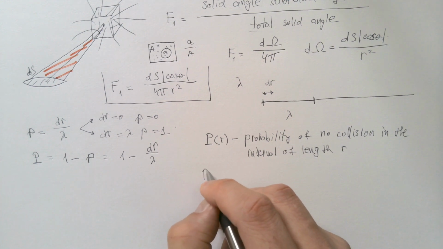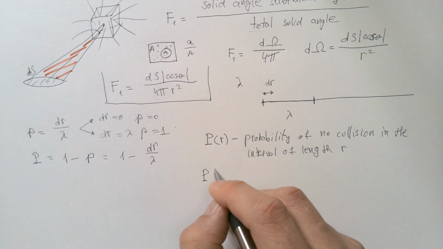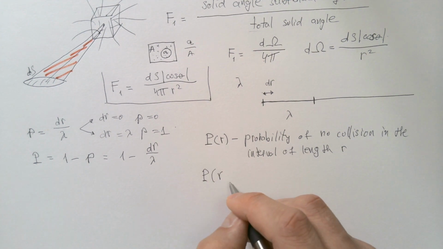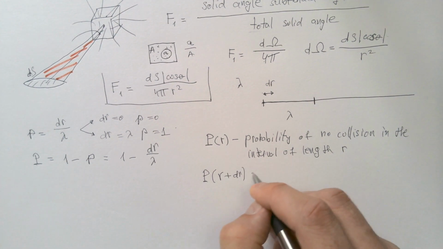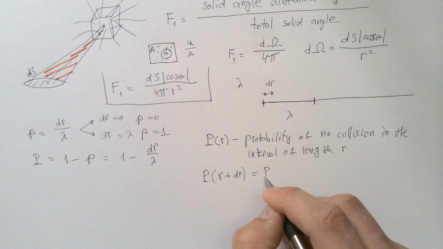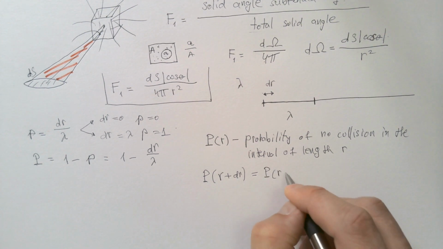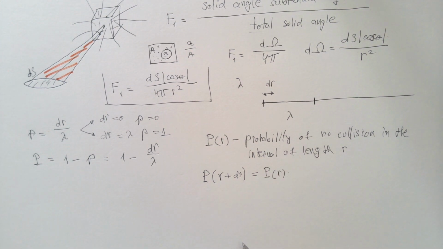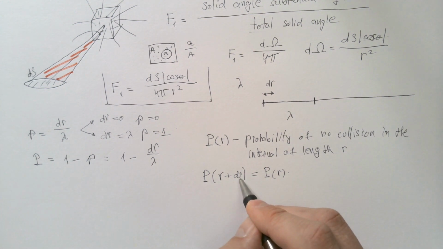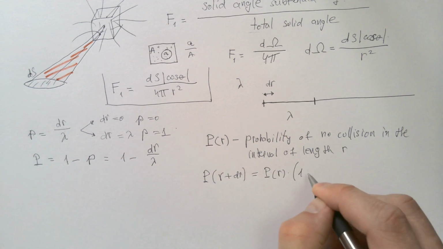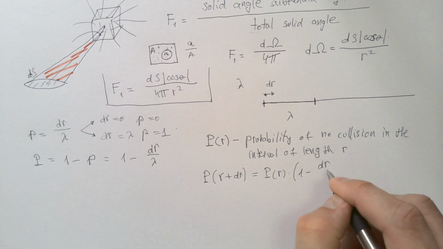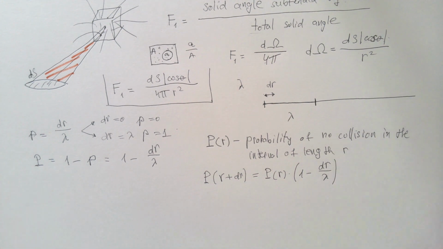Then the probability capital P of no collision in the interval r plus dr will be the probability of no collision along r times the probability of no collision along dr, but I calculated that here to be 1 minus dr over lambda.